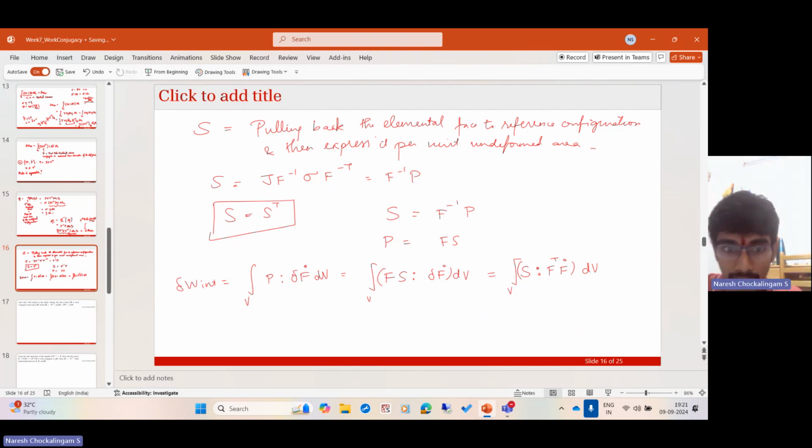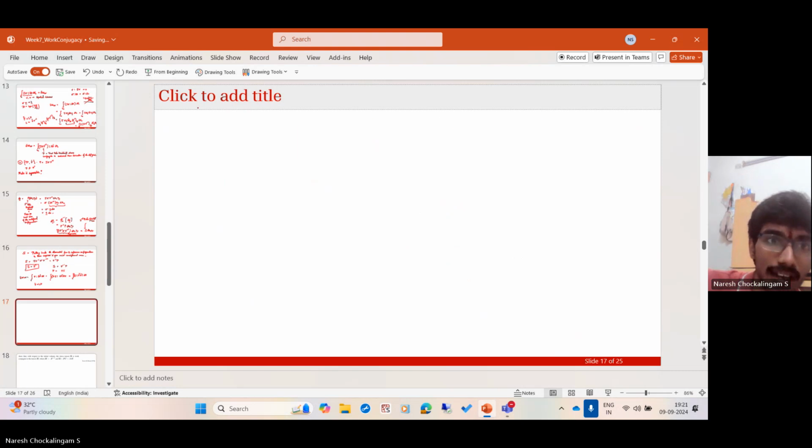We have the relationship F dot is equal to LF. Put this back: S contracted with F transpose F dot. In place of F dot, you put LF. Note that this is a symmetric tensor.